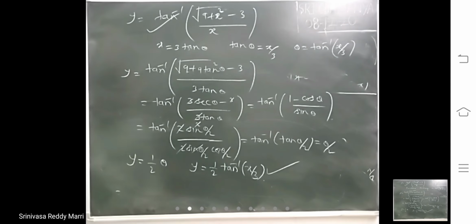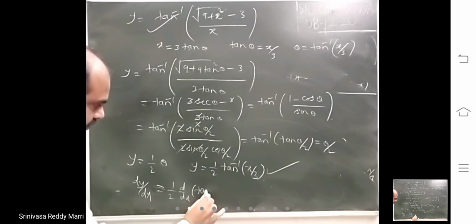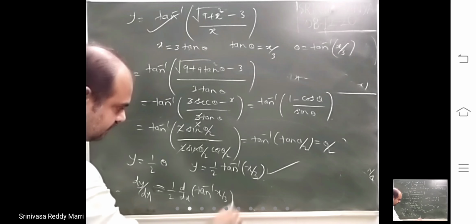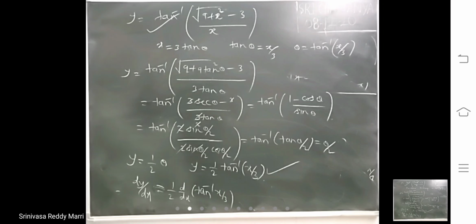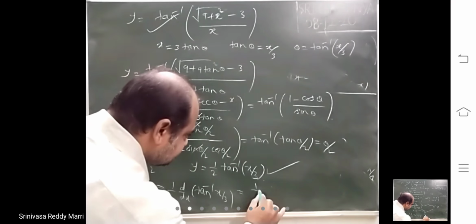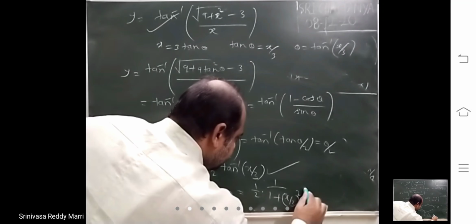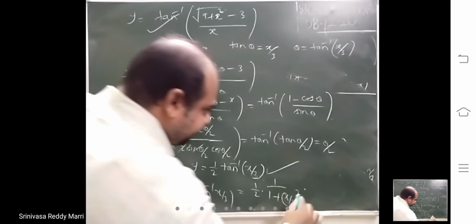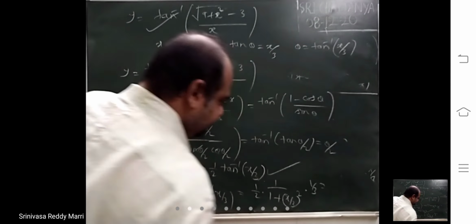Now you can write dy by dx easily. Tan inverse x by 3, so 1 by 1 plus x square into d by dx of x by 3, which is 1 by 3.